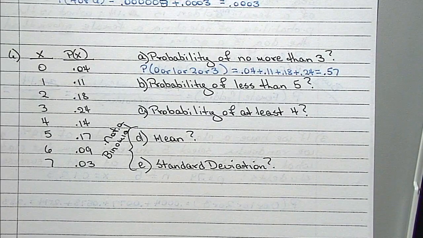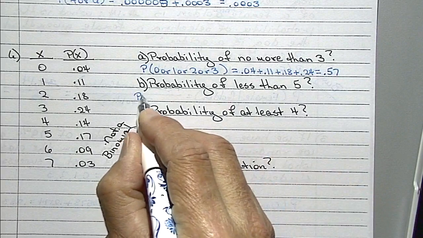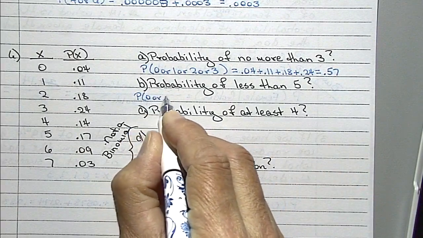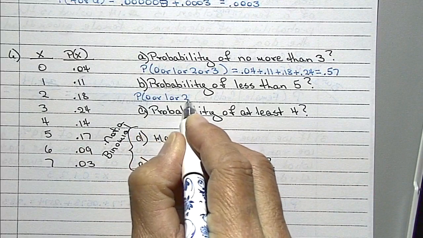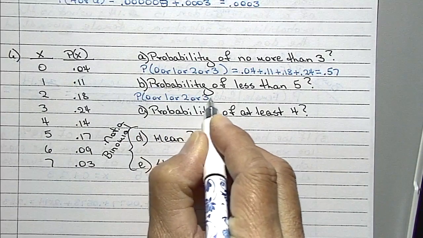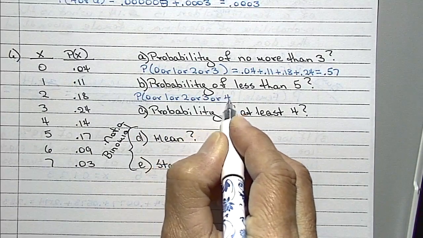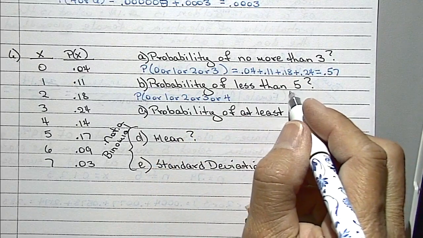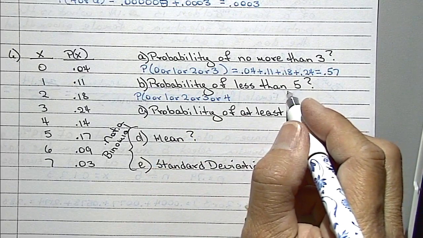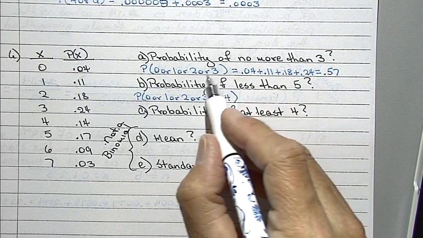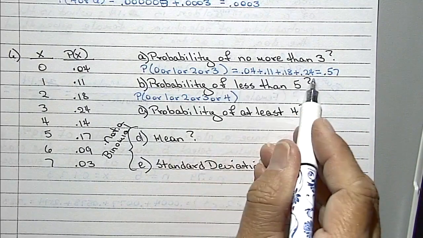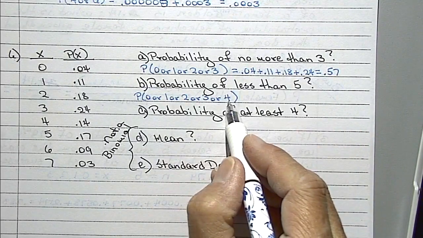What's the probability of less than 5? Well, less than 5 includes 0. It includes 1. It includes 2. It includes 3. It includes 4. And it does not include 5, does it? Well, look, this is everything in the previous one plus 4, isn't it?